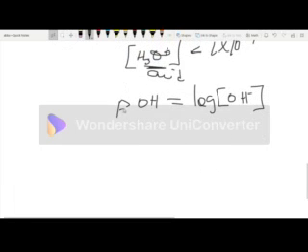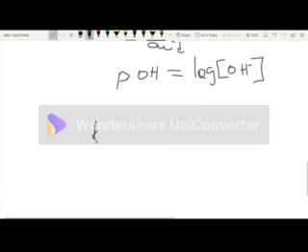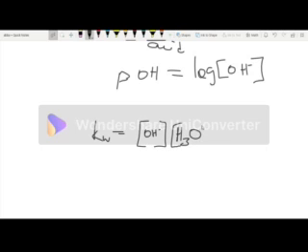Now that is good. From the product of water, remember that the last time when we spoke about this Kw, we said it is equal to the concentration of the hydroxide multiplied by the concentration of the hydronium, right? Remember this was 1 times 10 to the negative 7, right?